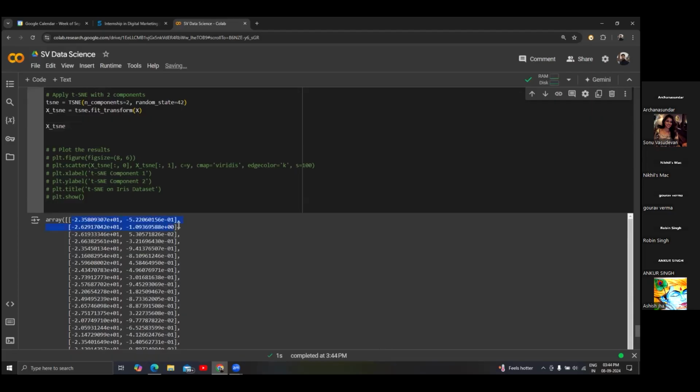Yeah, 2 points are given here. For a single point, two coordinates are given.